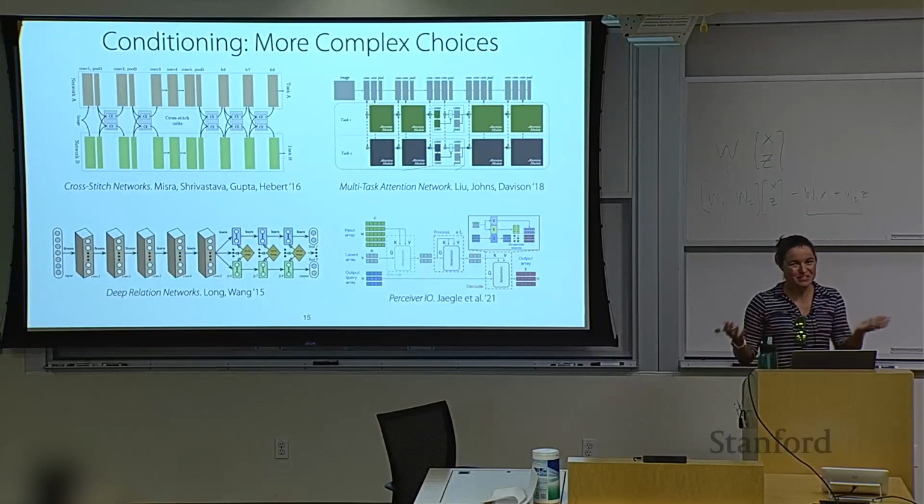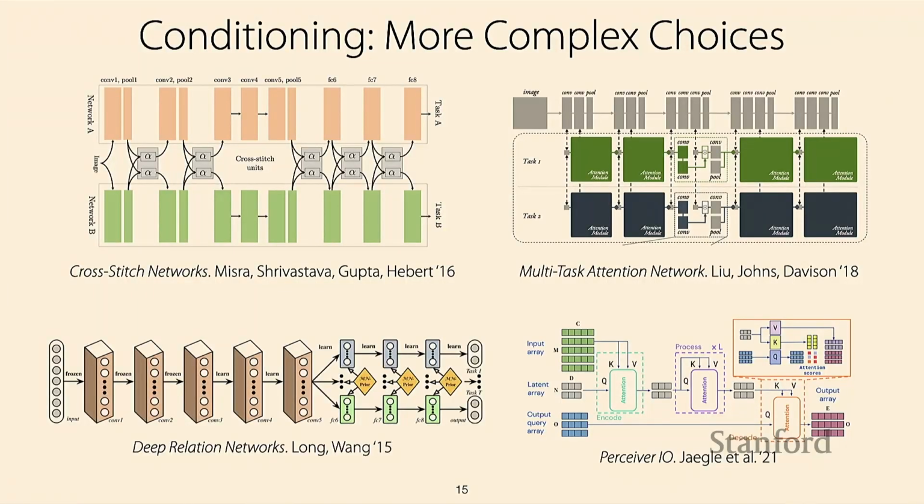Cool. So we covered really the basics. The basics are really either concatenation or additive conditioning, or multiplicative conditioning. And you can have more complex choices. There are a lot of papers that consider more complex choices, although even just the basic approach typically works pretty well.